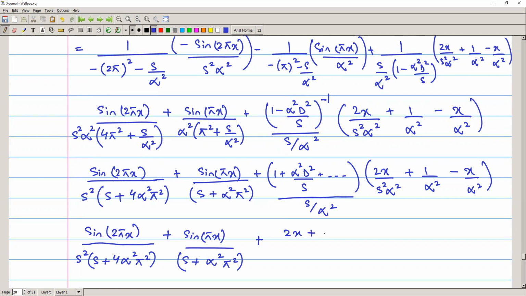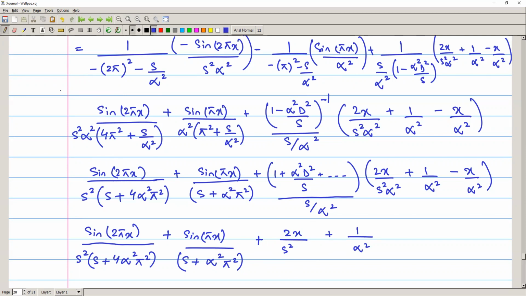And now we can write in this way, minus x. No, we don't need to write like this: 2x over s squared over alpha squared, then plus 1 over alpha squared.